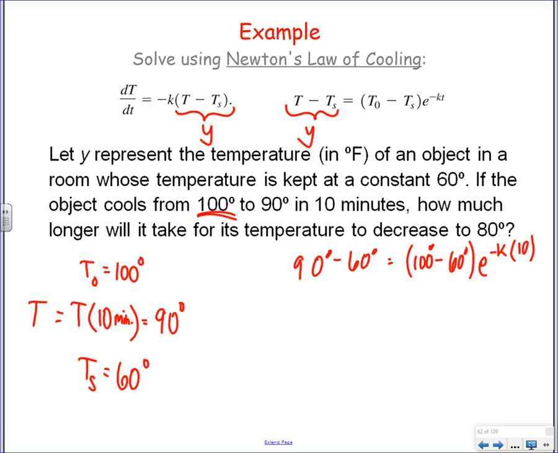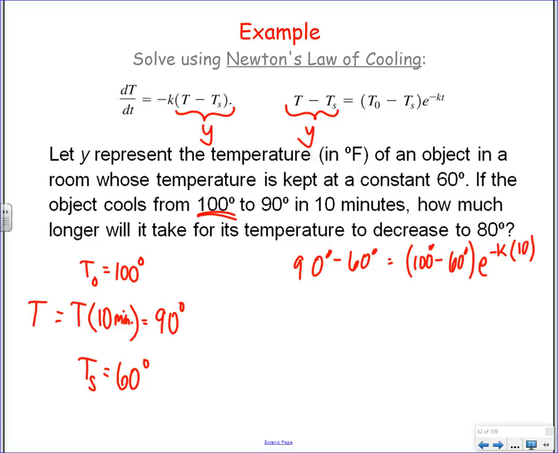What can you solve for? Okay, and once you solve for K, how are we going to use that to figure out how much longer it'll take for its temperature to decrease to 80? You make regular T 80. You could make T 80, but are you still going to use your T sub naught to be 100? It depends on how you read it. You could make your initial still be 100 and then take that time and subtract the 10 minutes.